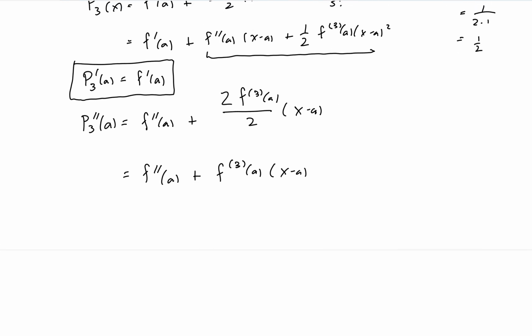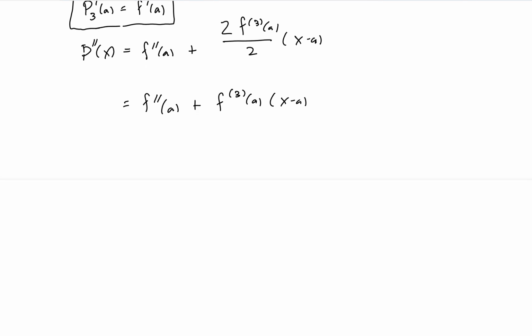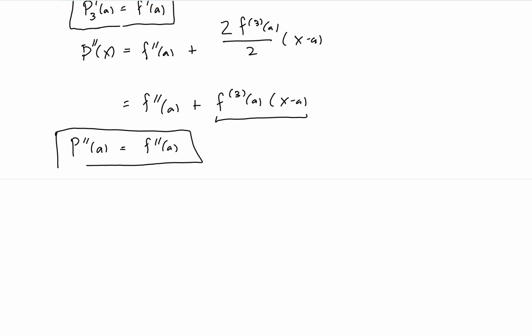No, this should be with an x, sorry. Just taking the derivative here, I haven't plugged anything in yet. And now when we evaluate this, notice we have an x minus a in this term, so this just becomes f double prime of a, just like we were expecting.